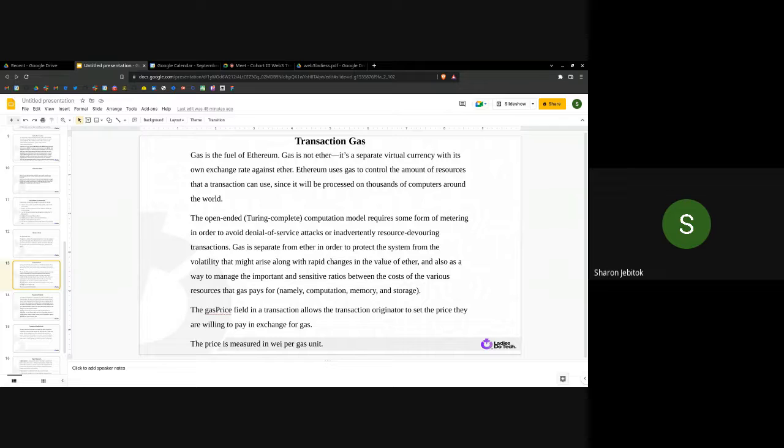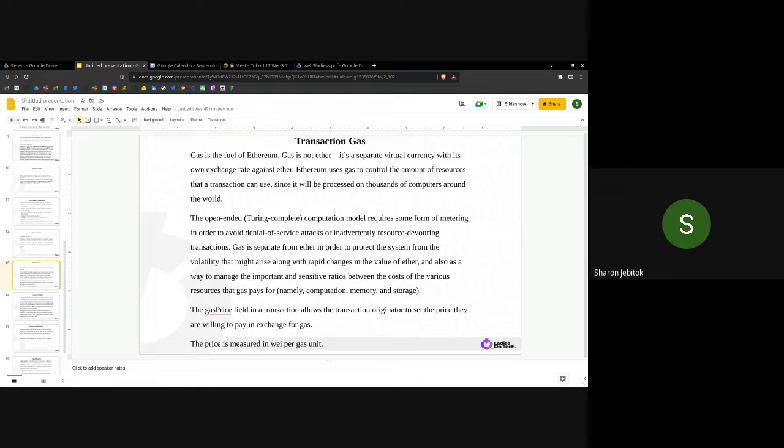But when the value of gas is converted into its value in ether, which is now the gas price, it's convenient for the user to set the gas limit, the amount of gas they want to spend on this transaction. They don't want to spend beyond this.